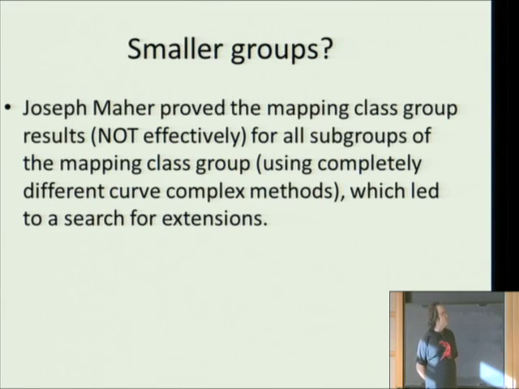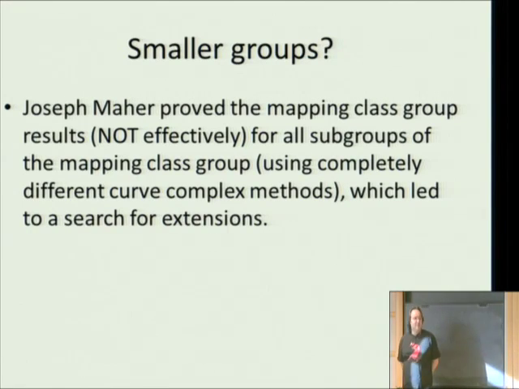So another question, in a different direction, is what happens for smaller groups. What I didn't tell you, about the original question about the mapping class group: when I proved the result, I wrote about it to Benson Farb, who's been popularizing the question.